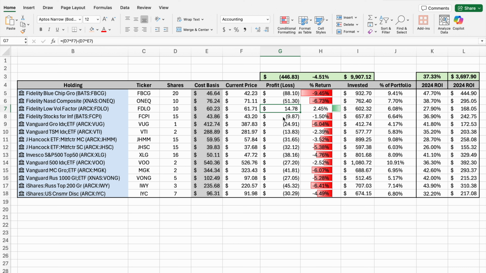For this account to only be down 4.51% in the red, I think indicates that it has a very strong resistance to a bear market. I think it's very stable. I've seen many stocks and industries down 10, 15, 20%, and all of these funds combined only being down 4.51% gives me a lot of confidence in this portfolio once the market does swing to the upside.